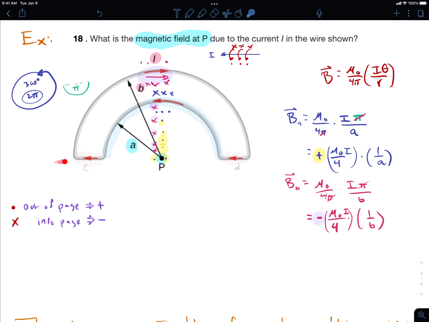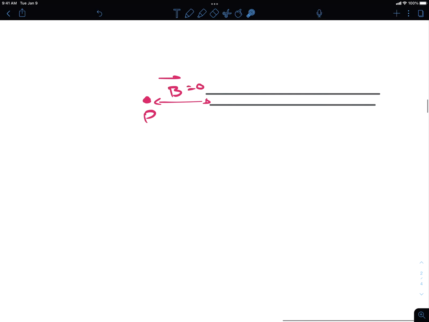Because these are in the same direction as P, and P is in line with them, if I had some point P here, there's no magnetic field along the wire. Remember, I have to be at some point out here, I'll call this X, with some radius away from the wire.